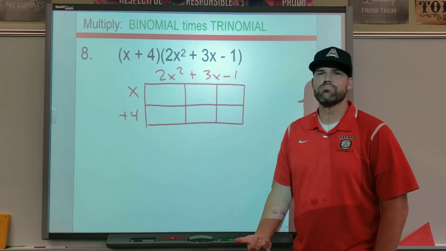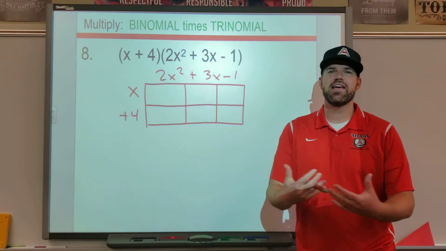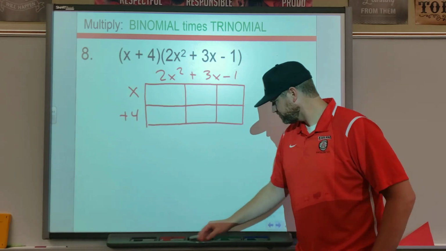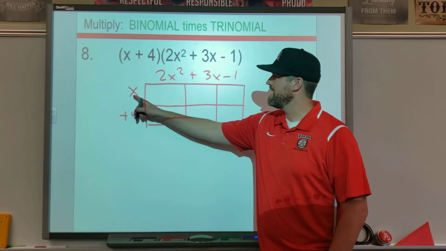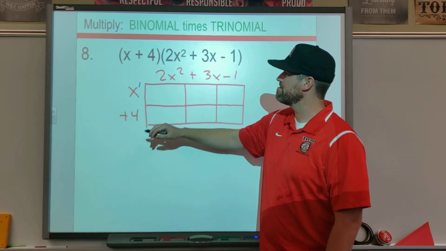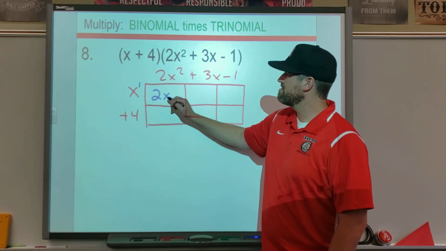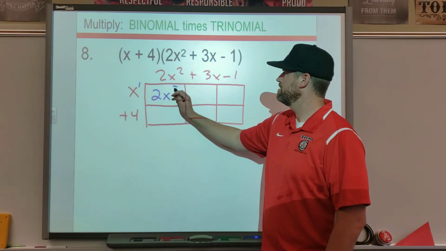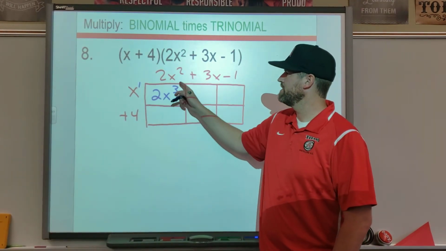That just means we have more terms to multiply, and in the end we might have some more like terms to combine. But it's still the same thing. X times 2x squared, right, this is really x to the first. So that gives me 2x to the third power. Right? If we have 1 here and 2 here, that's a total of 3.